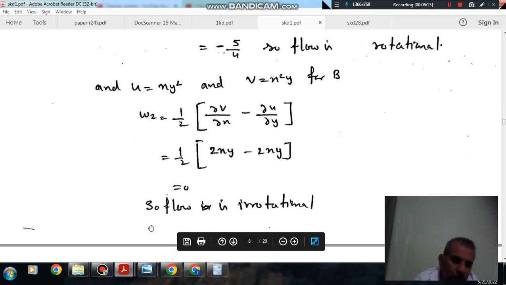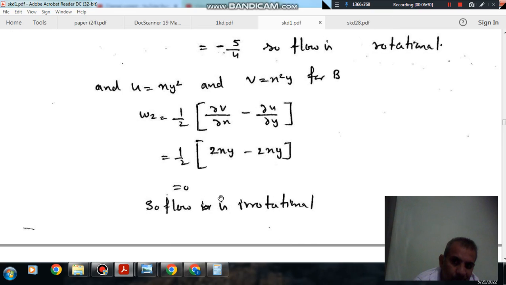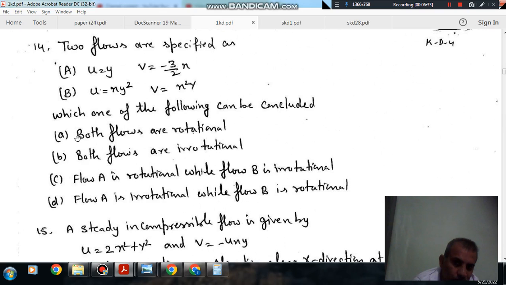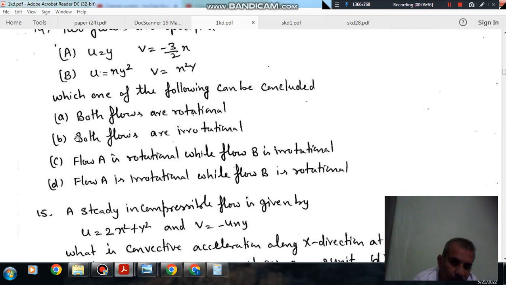So this is 0, which means omega z is 0 and the flow is irrotational. So the answer is option C.